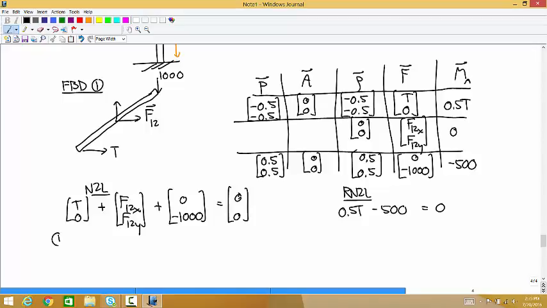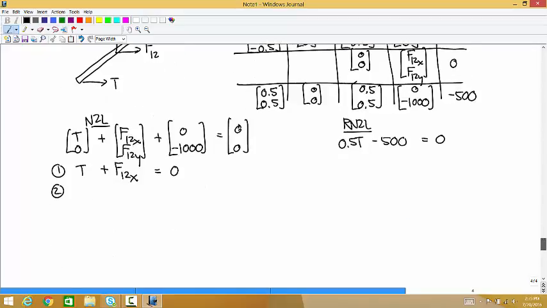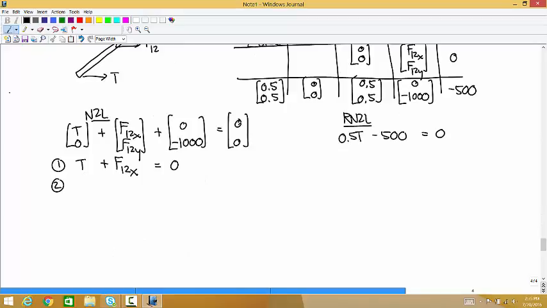So our first three equations say T plus F12x is equal to 0, F12y is equal to positive 1,000, and 0.5 T is equal to 500.